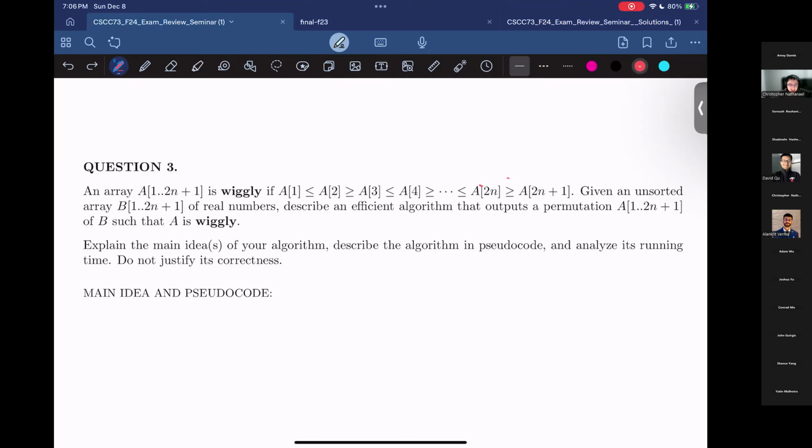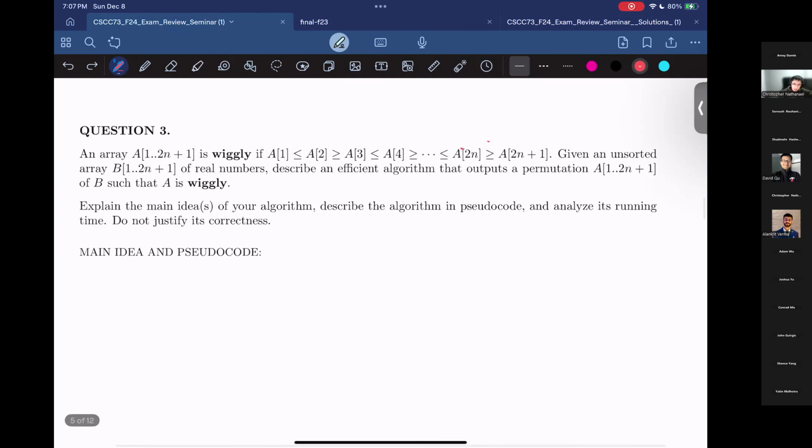That's right. Does anyone have an idea or an intuition of what values to get from B to make B wiggle?